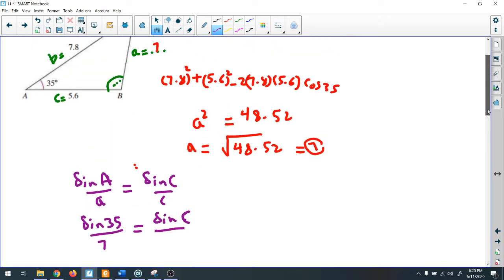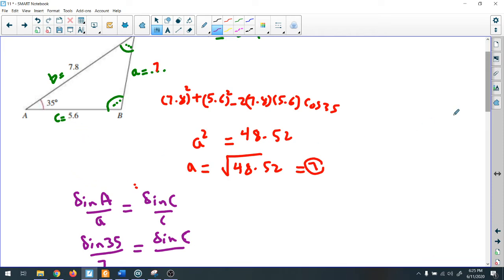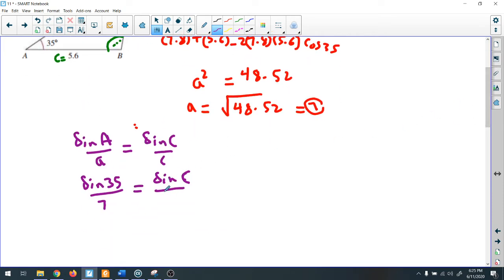Side c is given here, which is 5.6. So that's my target here: to find angle C.